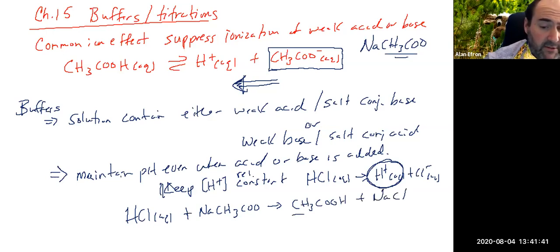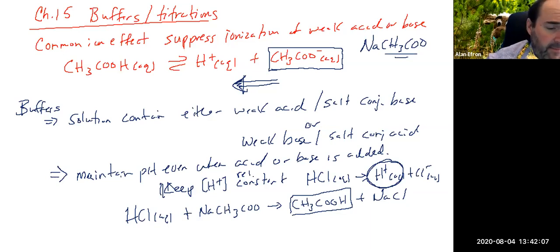And what we also saw was it will typically make the other part of a buffer. So as you use a buffer, one part goes down, the other part goes up. And the most important thing is that when we have a buffer, it prevents the formation of free H plus, or free OH minus in the case of adding a base to it.